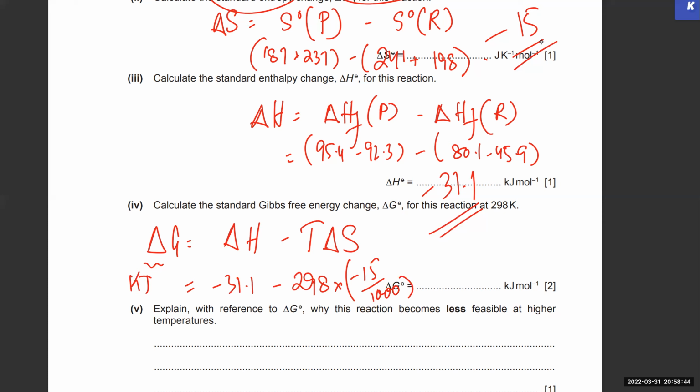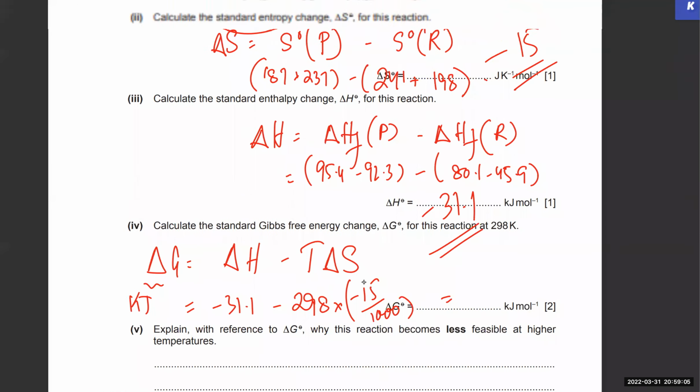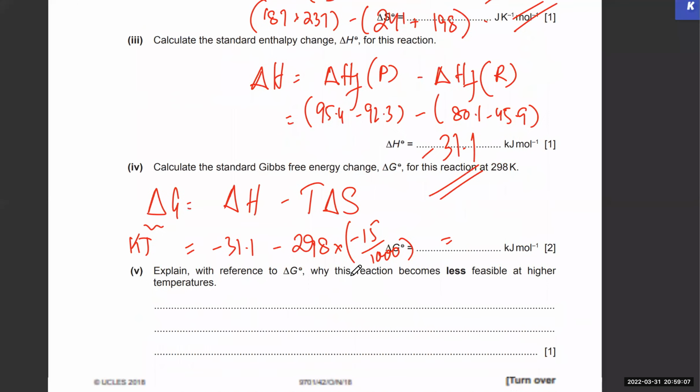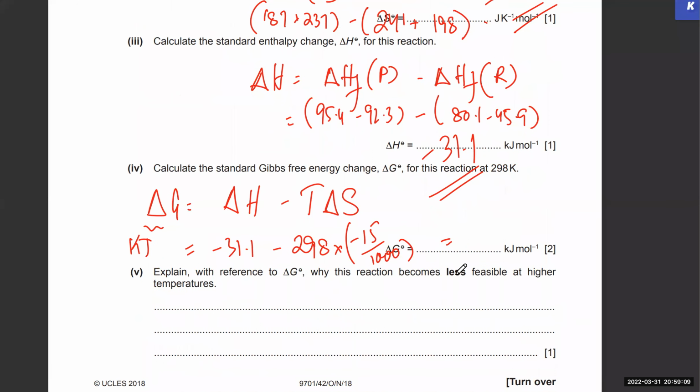So let's continue with the same thing tomorrow then. Okay. Part 5, why this reaction becomes less feasible. For that I would need delta G first. What's delta G coming out to be? Okay, you don't actually need delta G. Explain with reference to delta G where this reaction becomes less feasible.